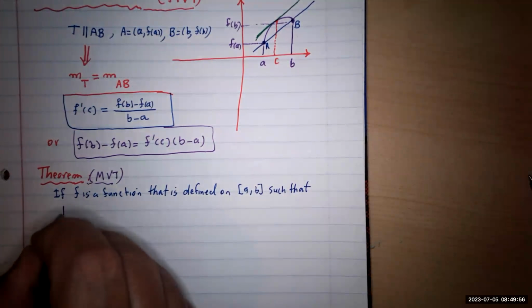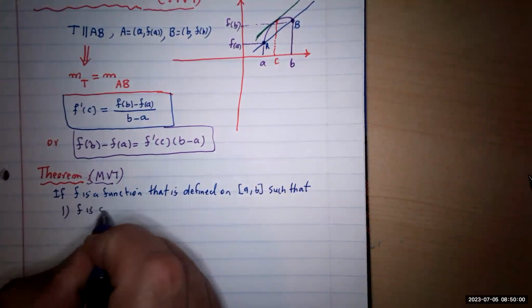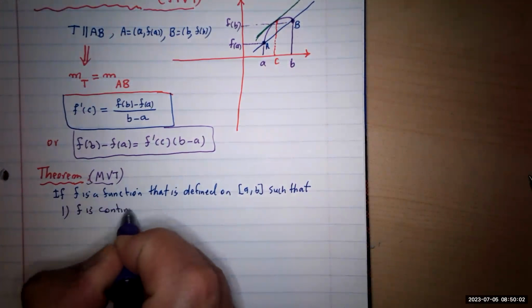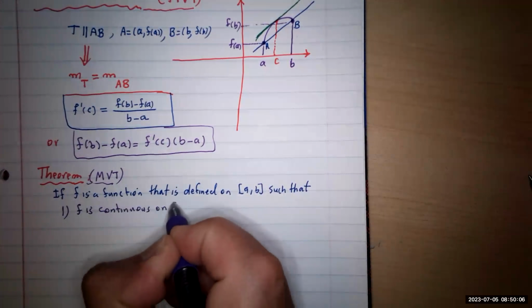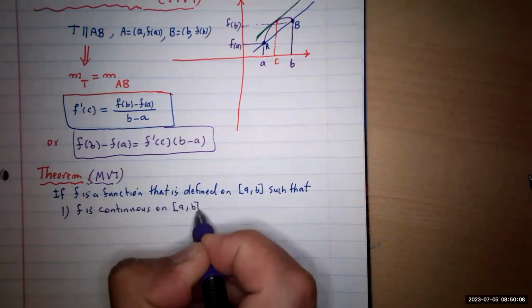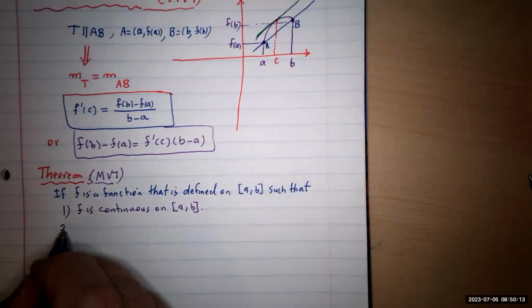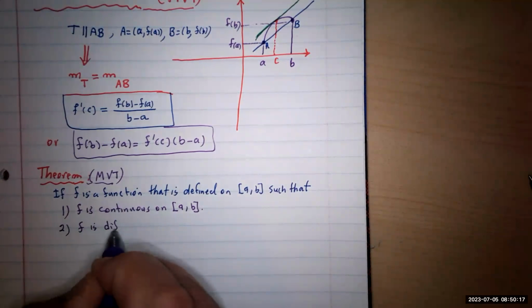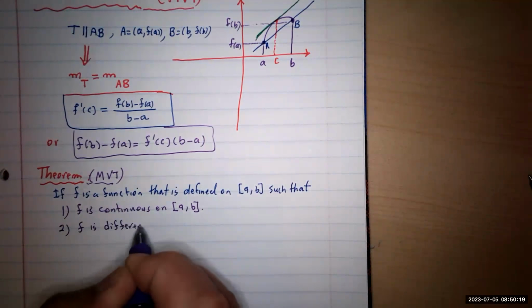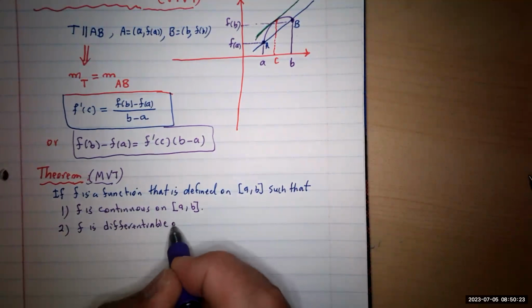The first one that you have to investigate: f is continuous on the closed interval [a, b]. The second condition, I write them together: f is differentiable on the open interval.